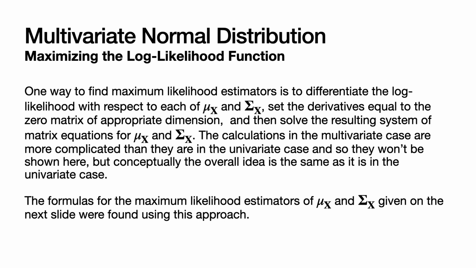The calculations in the multivariate case are more complicated than they are in the univariate case, and so they're not going to be shown here, but conceptually, the overall idea is the same as it is in the univariate case. The formulas for the maximum likelihood estimators of μ_x and Σ_x that are given on the next slide were found using this approach.